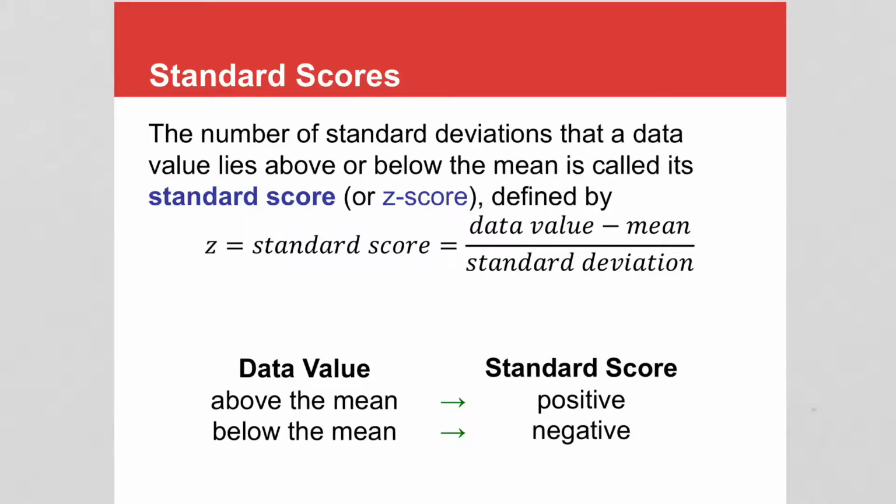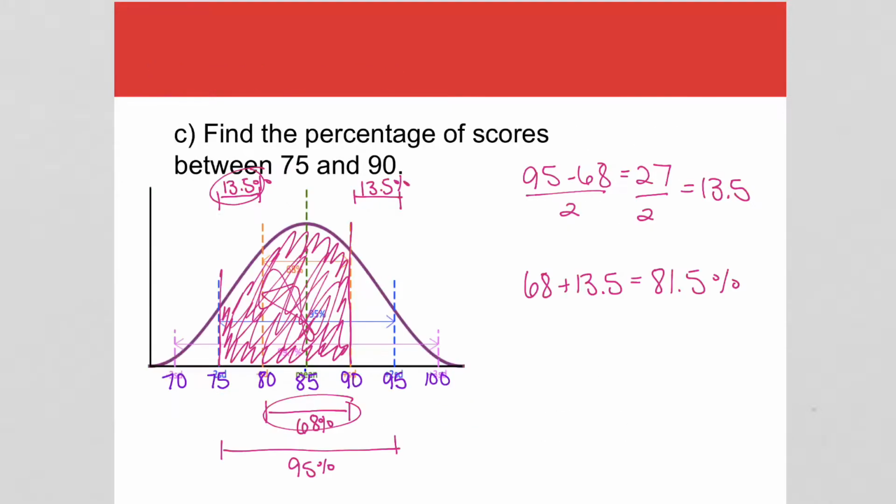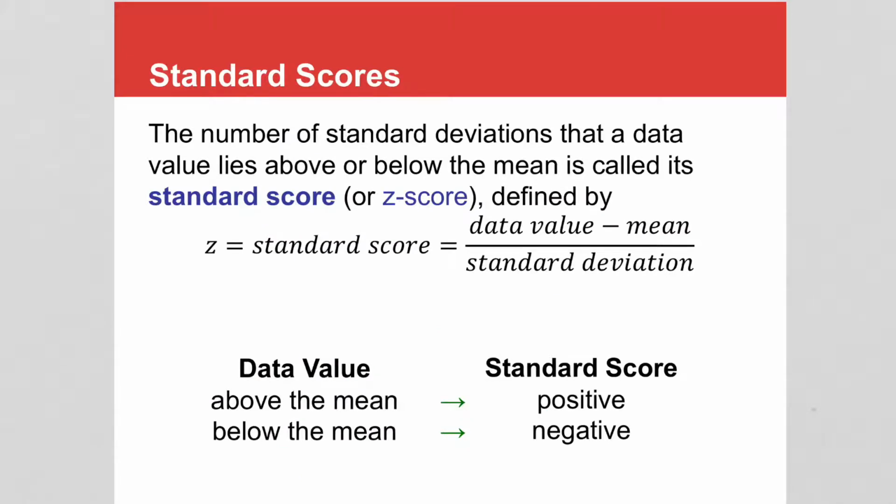The number of standard deviations that a data value lies above or below the mean is called the standard score or z-score. So we won't always lie exactly 1, 2, or 3 standard deviations above or below the mean. It could be 1.5 or negative 2.37, okay?